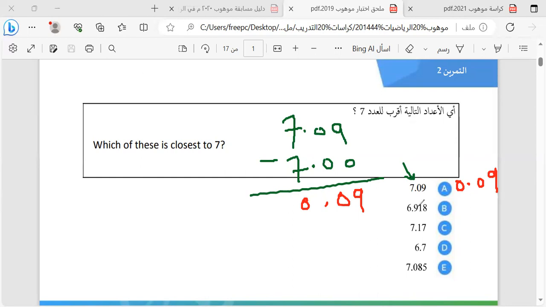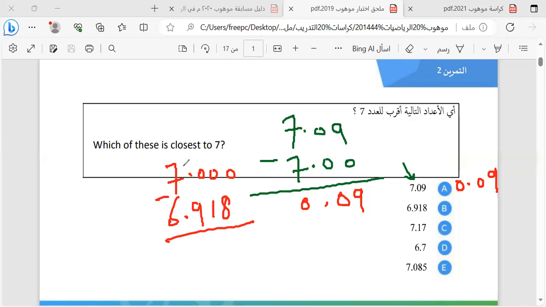What is the difference between them? So you subtract 7 and 6.918. Okay, 0 minus 8, we can't. It is not allowed. Right?